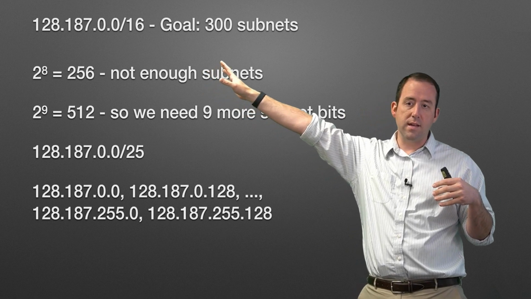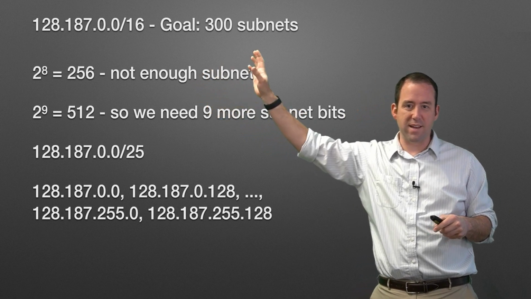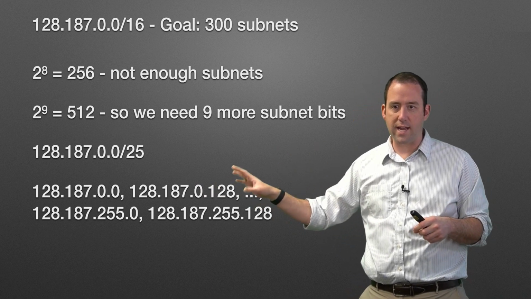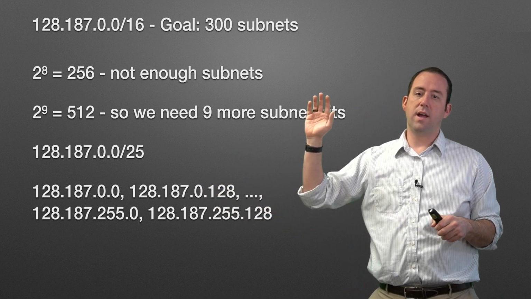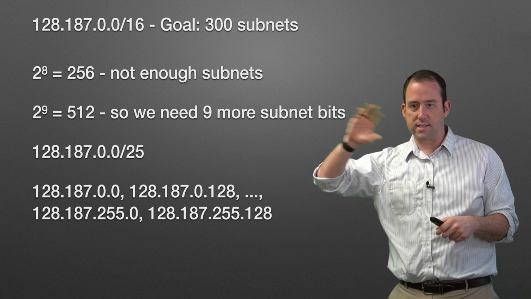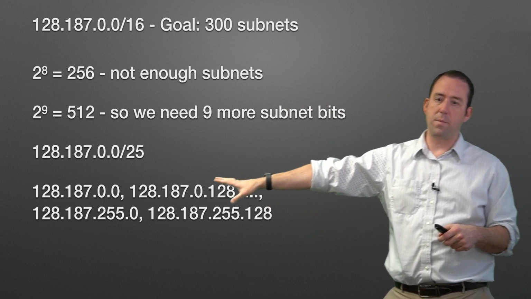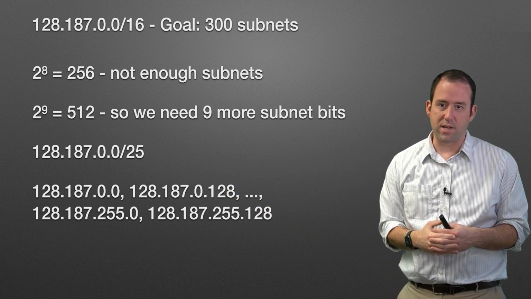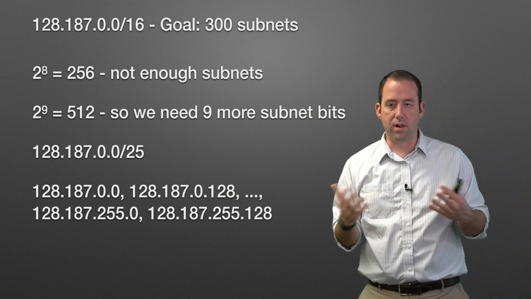You know that everything that starts with 128.187 is in your control. And so we start with 128.187.0.0, and then 128.187.0.128, and then et cetera, all the way up to 128.187.255.0 and 128.187.255.128. And all of those are in your control.